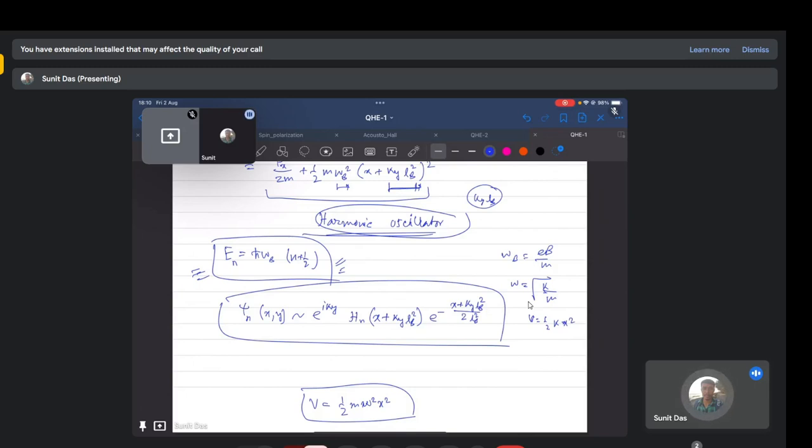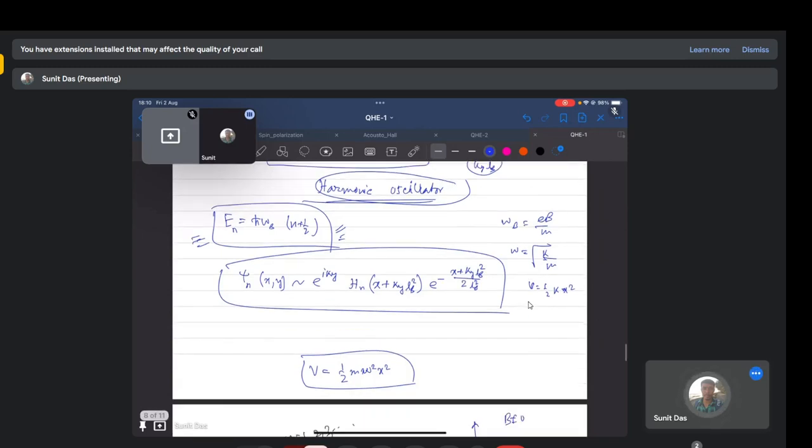Otherwise, energy-wise, it was the same, and we found out that the wave function was like a free particle along one direction. In this case, this is the y direction where the electrons have free particle-like behavior, and in the x direction they have harmonic oscillator wave functions consisting of Hermite polynomials and then a Gaussian exponential term, right?